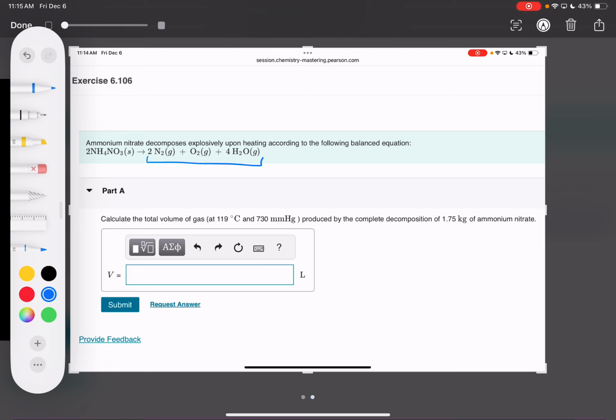So in theory, your final volume is going to be defined by the pressure of N2, the pressure of O2, and the pressure of H2O. Or another way of thinking of that is the moles of N2, the moles of O2, and the moles of H2O.